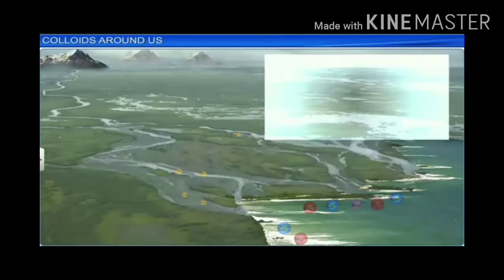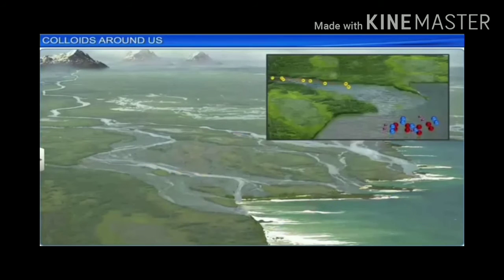When river water comes in contact with seawater, the positively charged ions of the electrolytes coagulate the negatively charged colloidal particles, which settle down. The level of the riverbed rises, forcing the stream of water to split. This happens again and again, and over time, the river takes the shape of a delta.